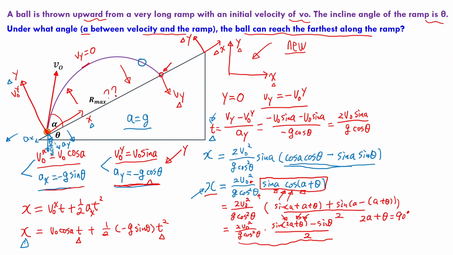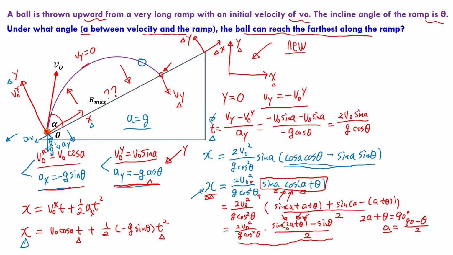Then I maximize this term, and my displacement will be the largest. Under this situation, alpha equals 90 minus theta, divided by 2. So this is the launching angle that makes my displacement the largest.